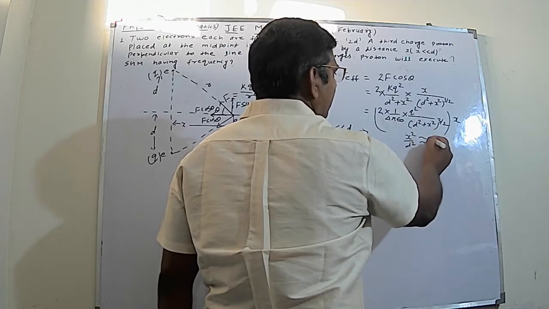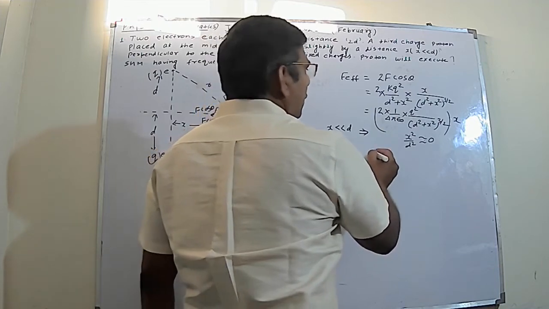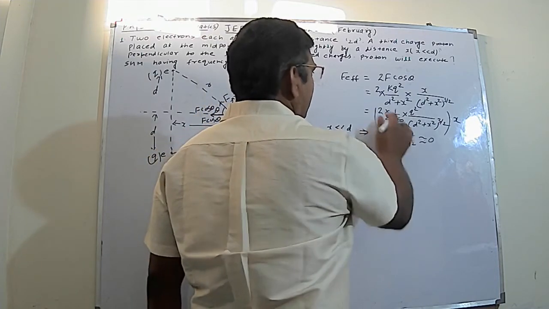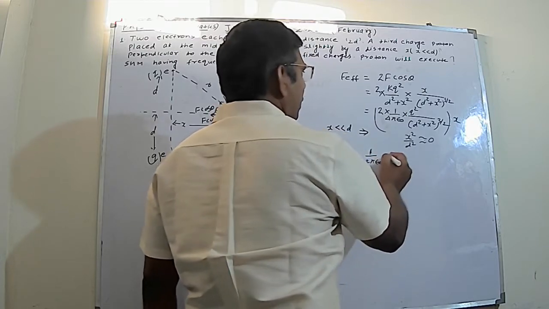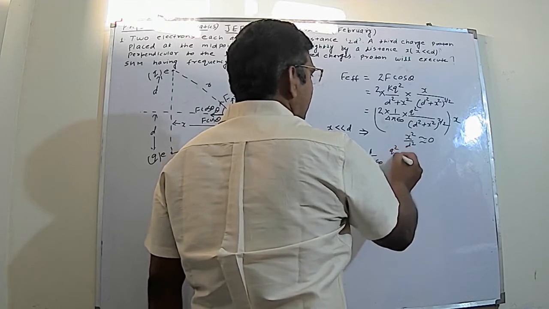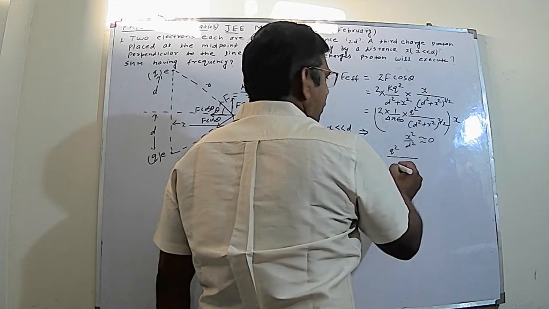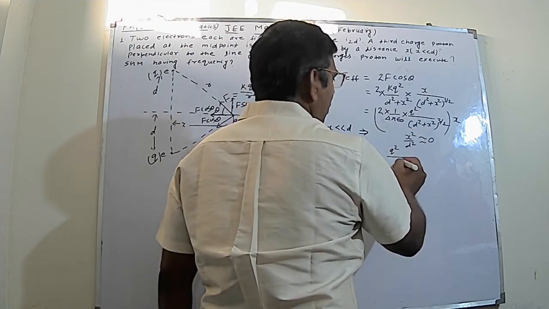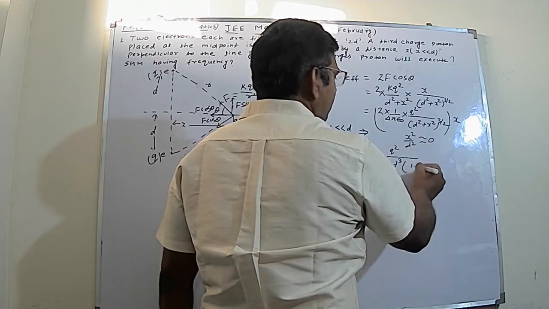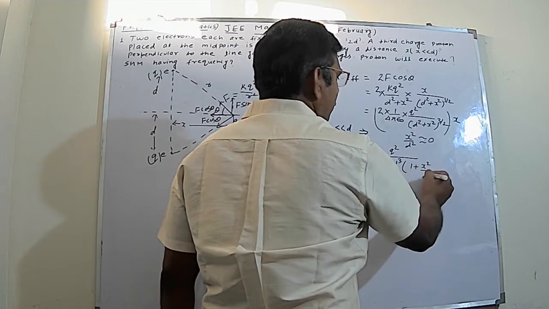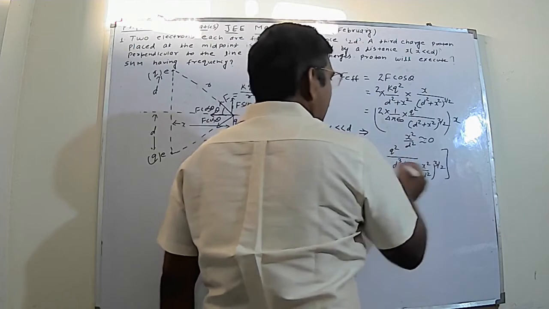So we can further write F effective is 2 into 1 upon 4 pi epsilon naught, q square, and here we can take d common, so d cubed into 1 plus x square by d square to the power 3 by 2, and this is x.